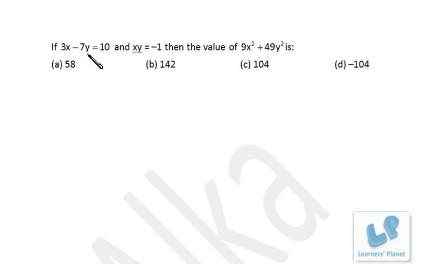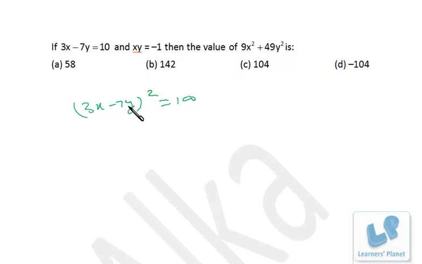Now this problem, 3x minus 7y is given as 10, and xy is minus 1. We have to find out the value of this. Now, instead of making a quadratic equation, what you can do is simply square this, because 3x whole square is 9x square, and 7y whole square is 49y square. That means this term is squared. So (3x minus 7y) whole square is 100.